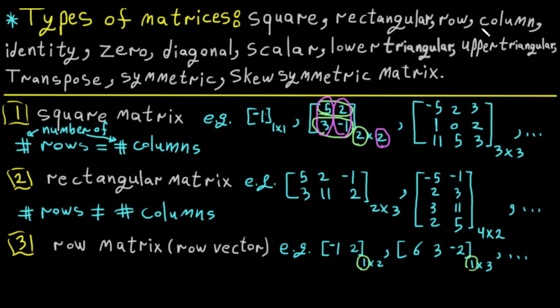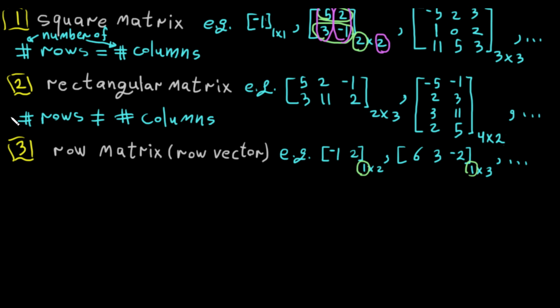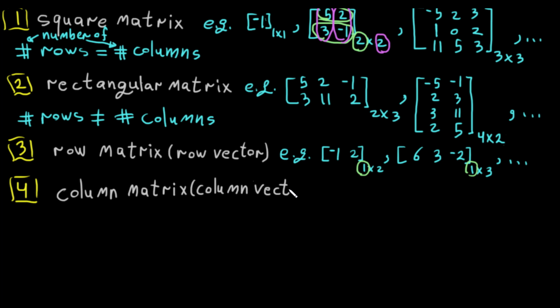Now we will talk about the column matrix. Column matrix or column vector, for example, it has only one column, 3, 2. This has only one column. So this one is 2 rows and 1 column, so 2 by 1.